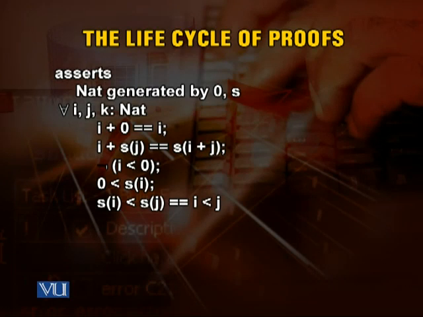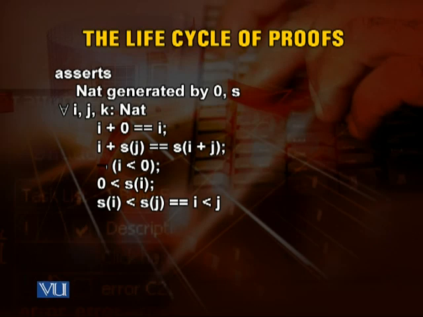For every I, J, K, which is of type nat, we say I plus 0 is equal to I, which is the identity. I plus S of J is equal to S of I plus J. So this is one theorem. This is one property that we have. I is not less than 0. So not I is less than 0. This is always true. This is a natural number. It cannot be less than 0.